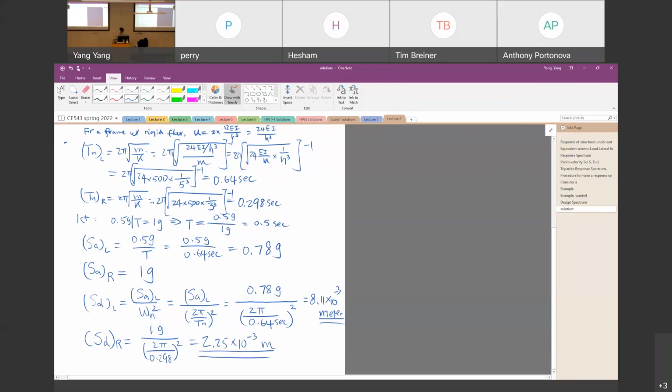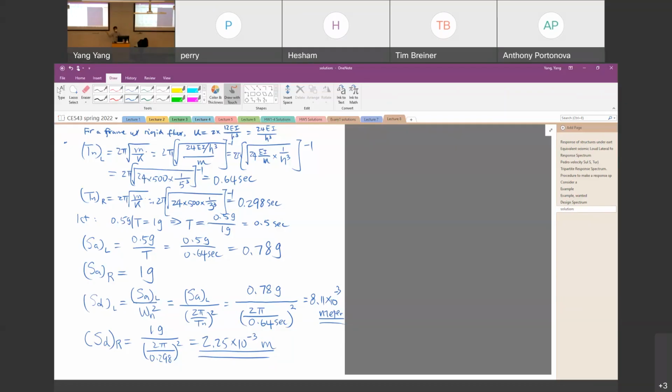So the maximum displacement for the left building and the right building are already calculated. What is the minimum gap we should use over here? Did we add those two numbers together or calculate the difference? I said we add them. Correct, we need to add them, because we need to consider the maximum displacement of the buildings, one going to the left and the other going to the right.